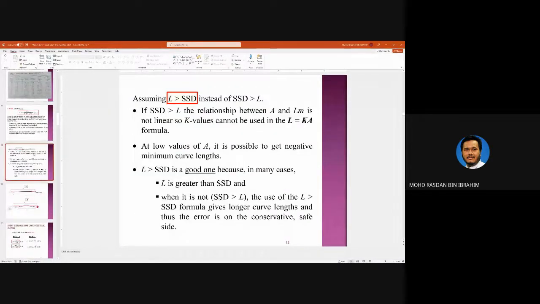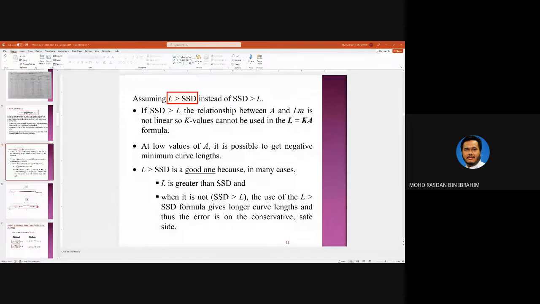All right. So now, assuming L is longer than SSD instead of SSD longer than L. If SSD is longer than L, the relationship between A, the rate of change of the gradient, and the length of curve is not linear.